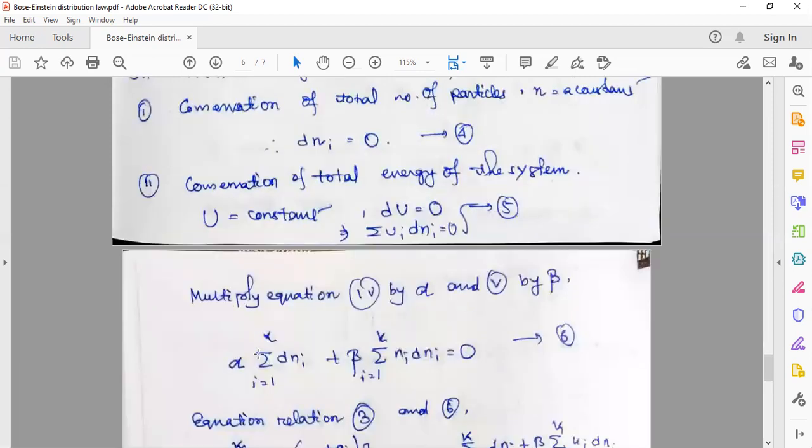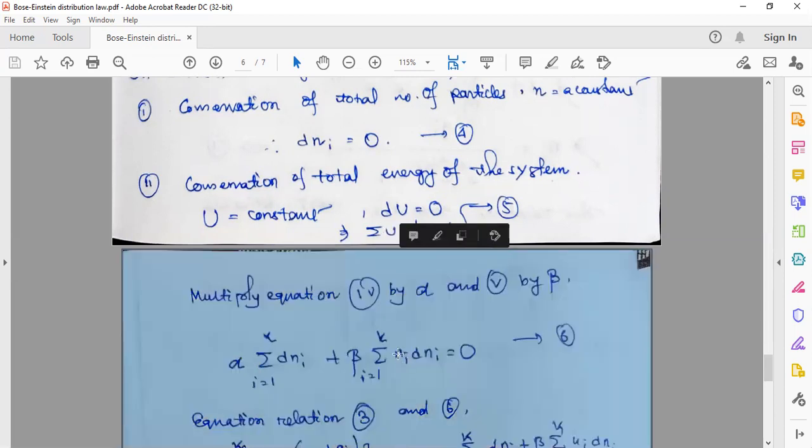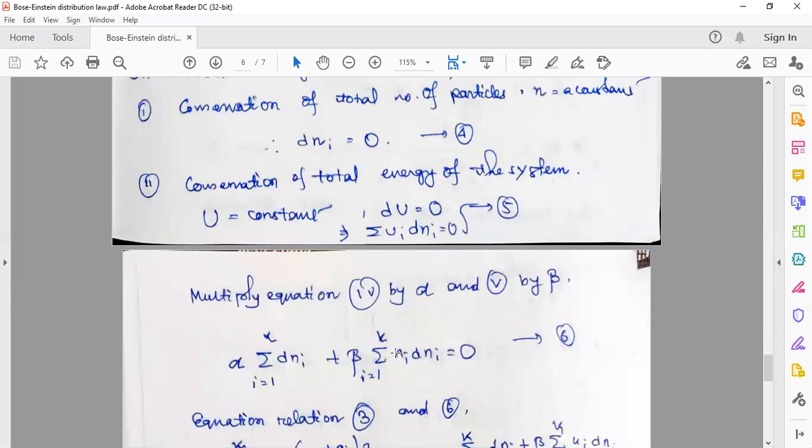Over all the particles present in the system, what we get is alpha summation of i equal to 1 to k dni plus beta summation of i equal to 1 to k. It should have been ui, but by mistake I have written it as ni. So remember that this is not ni, this should have been ui.